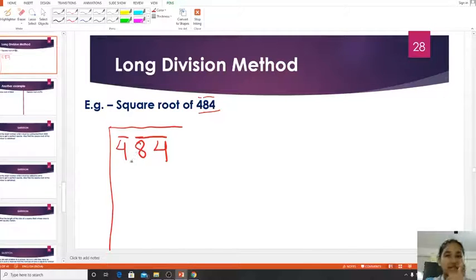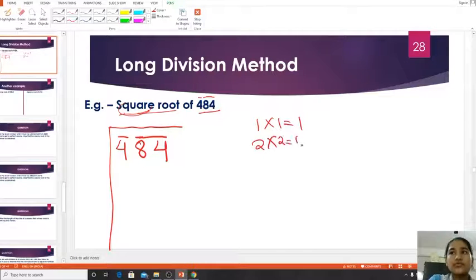The first step, as it talks about the square root, is related to squares. So we have to take a number whose square is close to 4 or equal to 4, not more than 4. For example, 1 into 1 is 1, 2 into 2 is 4, 3 into 3 is 9.